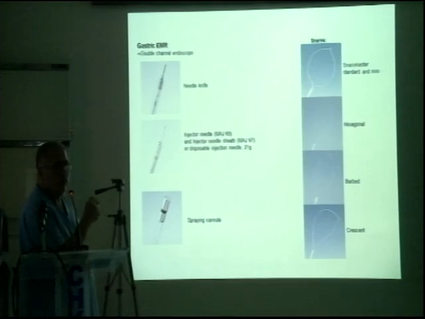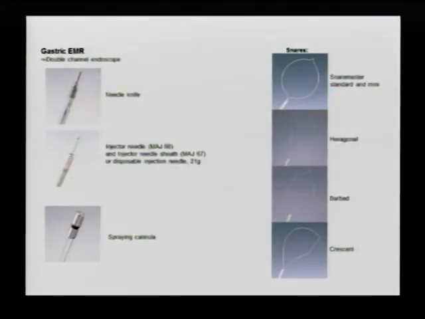So should you use a needle that you would use for injecting potentially a varix or an ulcer, that's the wrong size. You should be using a smaller needle. However, in Pakistan, you're going to use what you can get. So if you are using the larger one, leave the needle in, get the snare ready, get them to remove the needle, take it out, new one in, the snare in as quickly as possible to reduce the amount of leakage that's coming out.